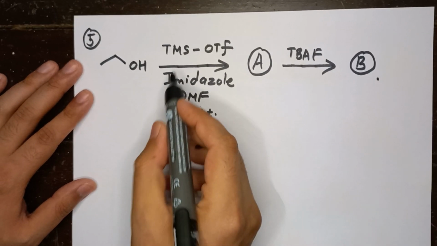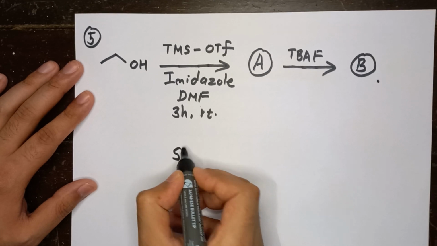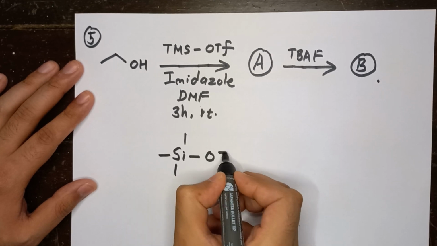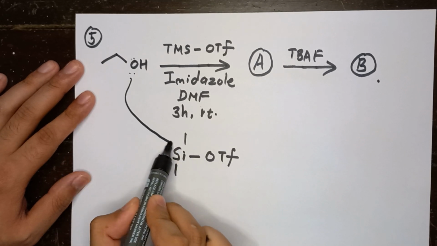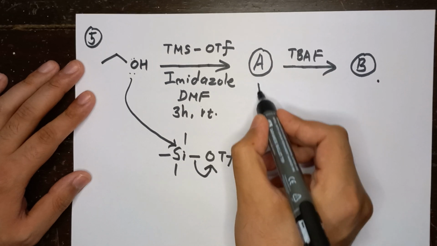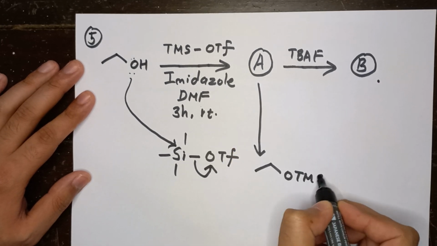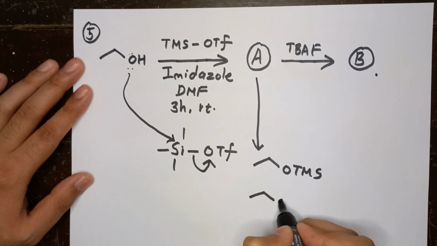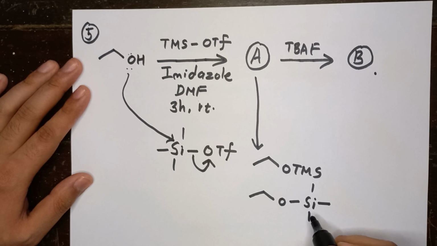Okay, so we know TMSOTf is nothing but the trimethylsilyl group. Now this oxygen's lone pair will form a bond with silicon and OTf is going to leave. So the product A will be OTMS, that is nothing but O bonded to silicon bonded to 3 methyl groups.